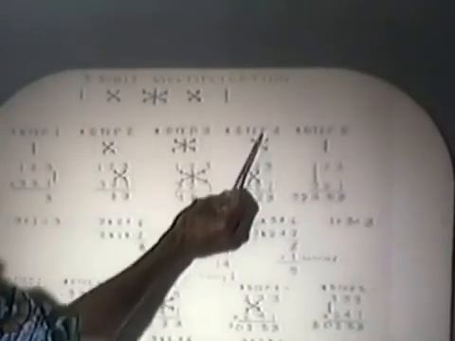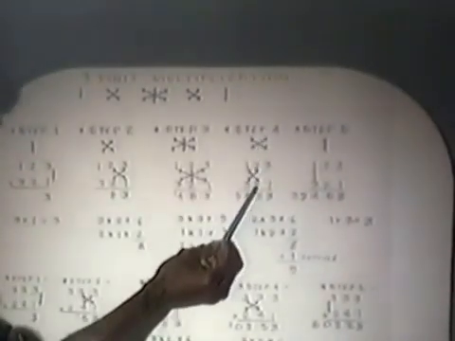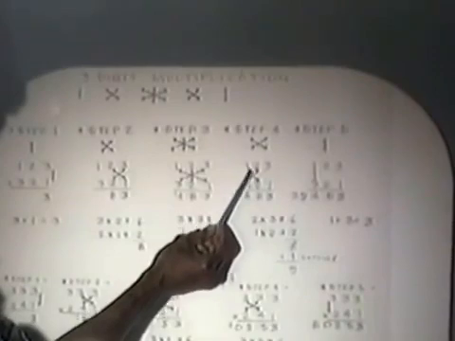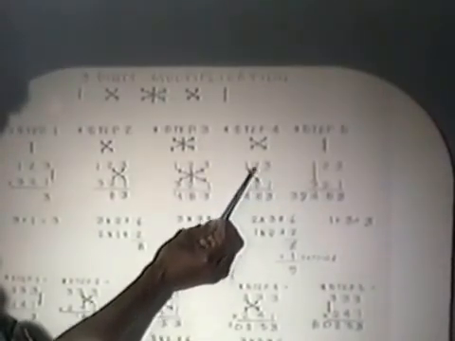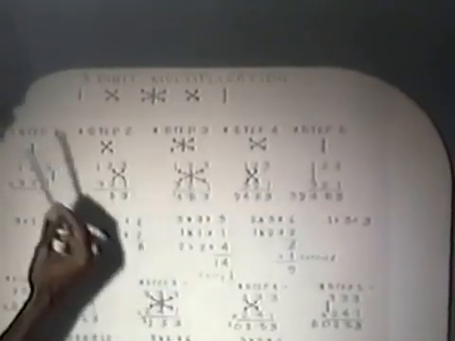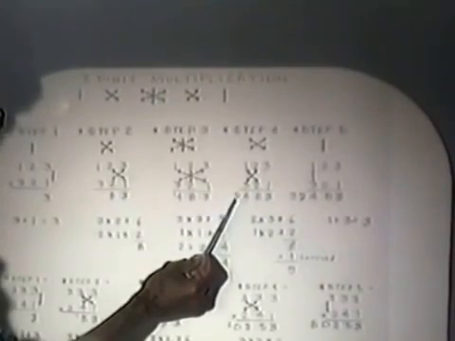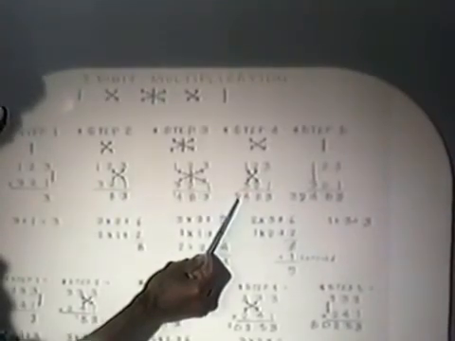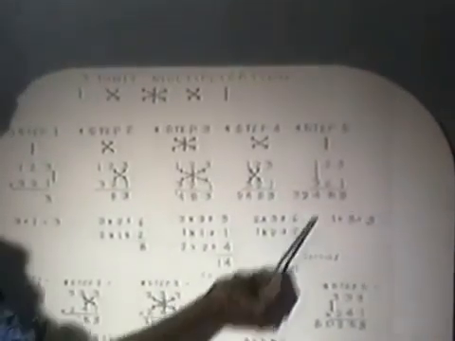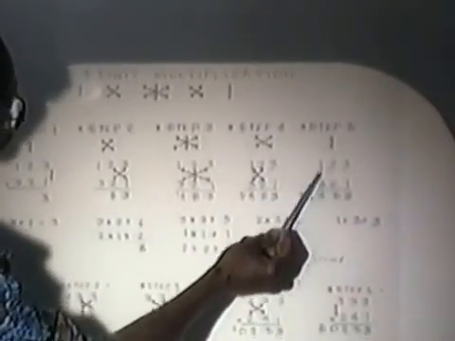Now the third step is cross multiplication. We multiply 2 times 1 is 2. 3 times 2 is 6. 2 and 6 is what? 8. Plus the 1 we carried, which made 9. Our last step is vertical multiplication. 3 times 1 is 3.